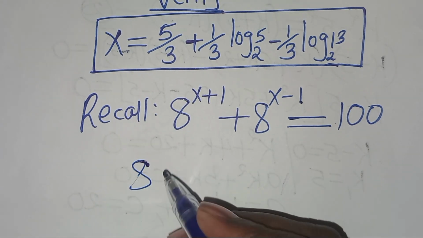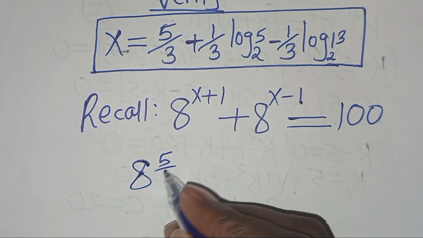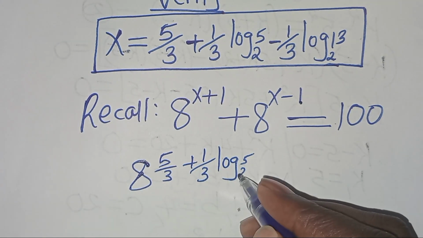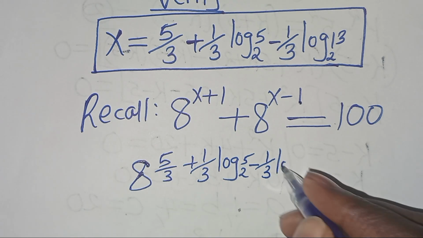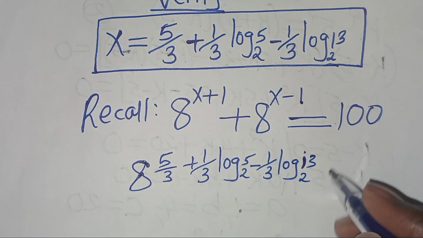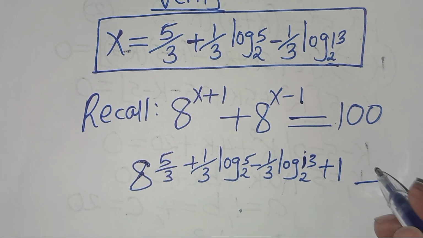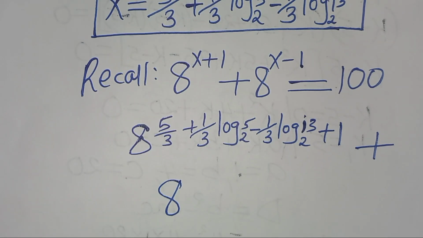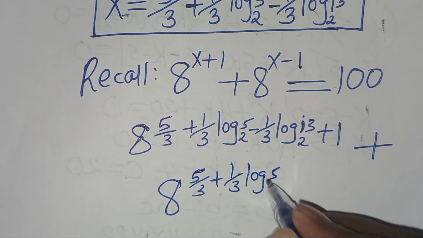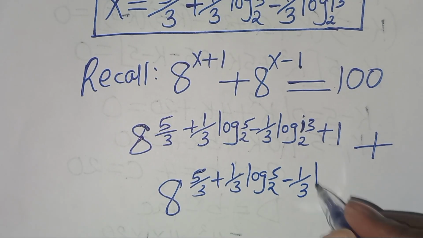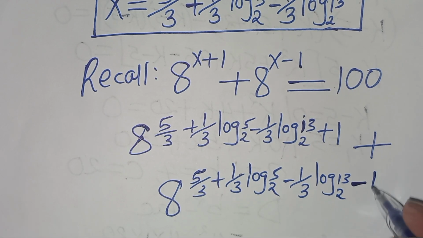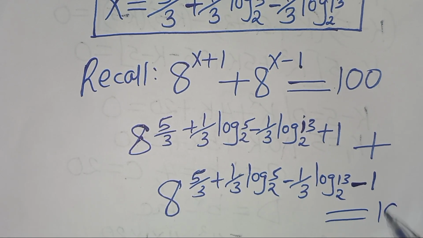So here we'll have 8 to the power 5 over 3 plus 1 over 3 log 5 to base 2, subtract a third log 13 to base 2, plus 1, then plus 8 to the power x, which is 5 over 3 plus 1 over 3 log 5 to base 2, subtract a third log 13 to base 2, then subtract 1. Now this should give us a value of 100.